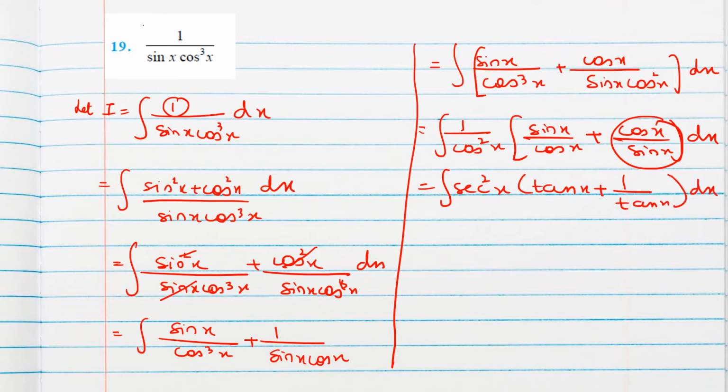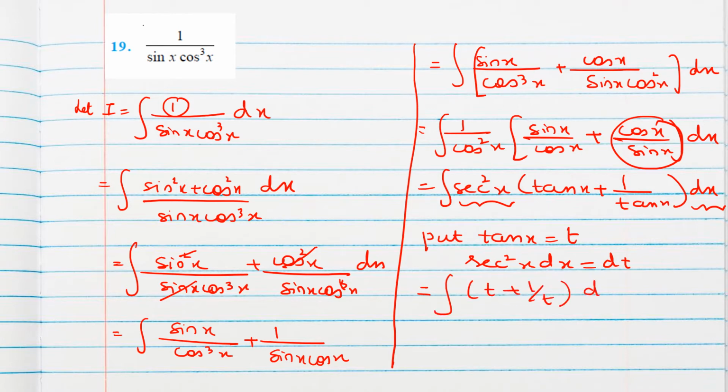Now substitution method. Put tan x as t. So it will give sec square x dx as dt. Okay. That means for the remaining expression in the integral we got dt and this will be t plus 1 by t dt. So first we can separate the integral.